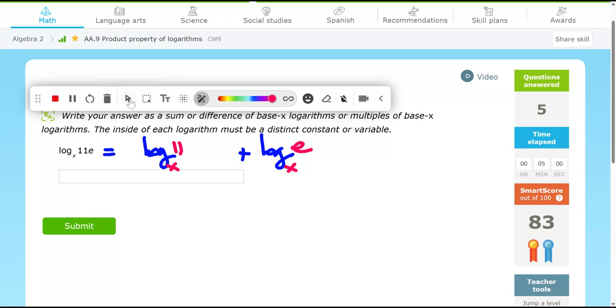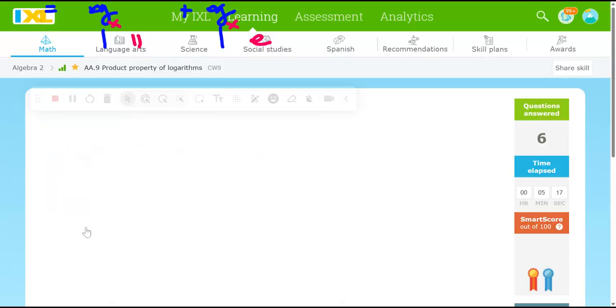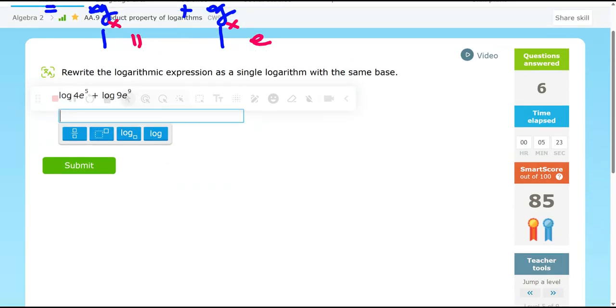So I put it in: log base x of 11 plus log base x of e. Here we go. Voila. I got 85 points already, and I'm only at level 5.